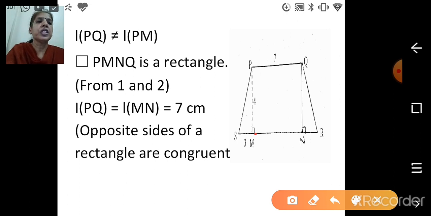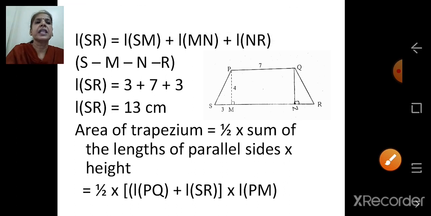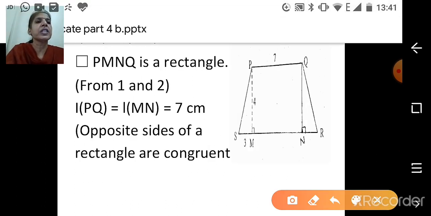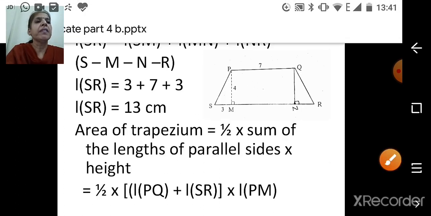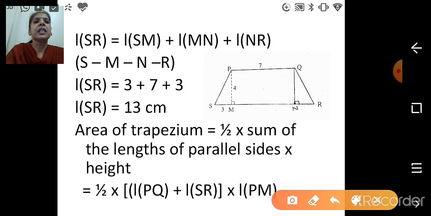Now you see, children, this part, that is SR, because all these calculations we have done were for SR. SM was given as 3, MN we got as 7, and NR is also 3.